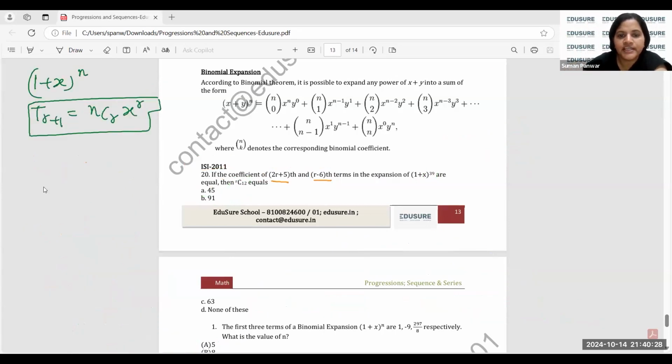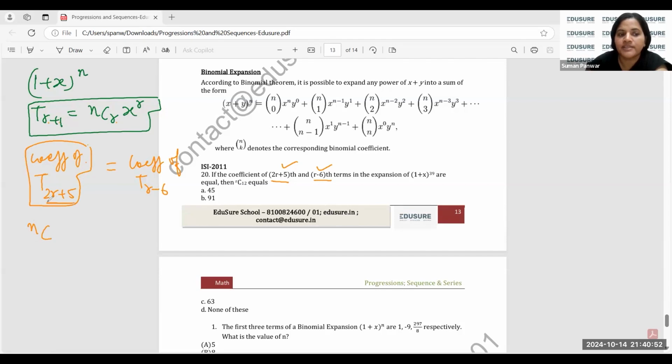So the coefficients are equal. Basically, the coefficient of T(2r plus 5) is equal to the coefficient of T(r minus 6). Now the coefficient of T(2r plus 5) is nC, here it is r plus 1, so here it will be r.